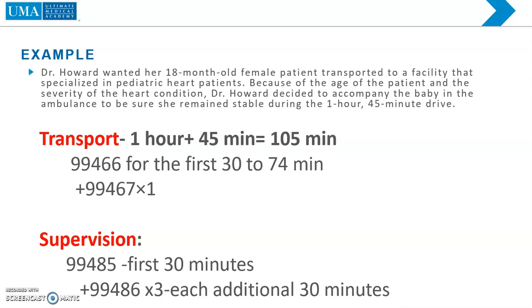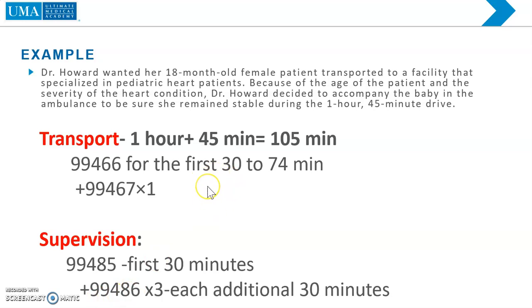The transportation codes are also dependent upon the time. As you can see, the first 30 to 74 minutes is 99466, and each additional 30 minutes would be 99467. When you go to supervision, again, the same situation. You have the first 30 minutes coded as 99485, and any additional 30 minutes coded for 99486.